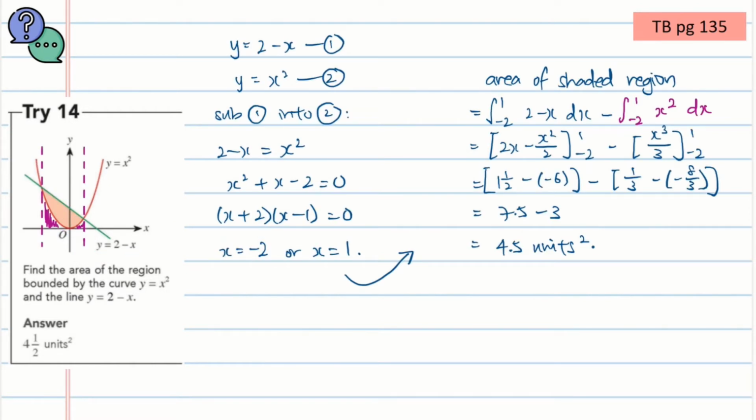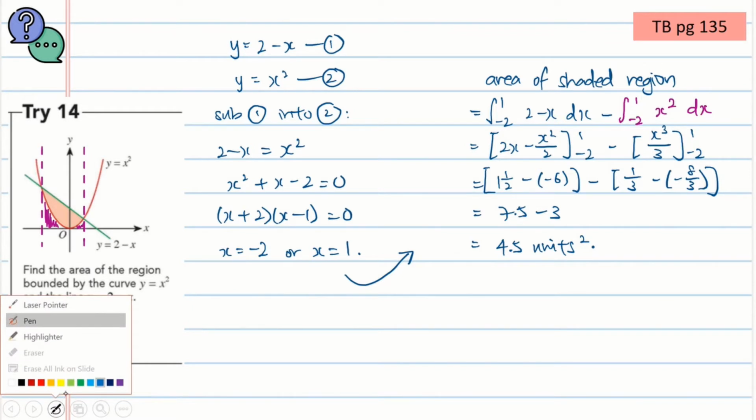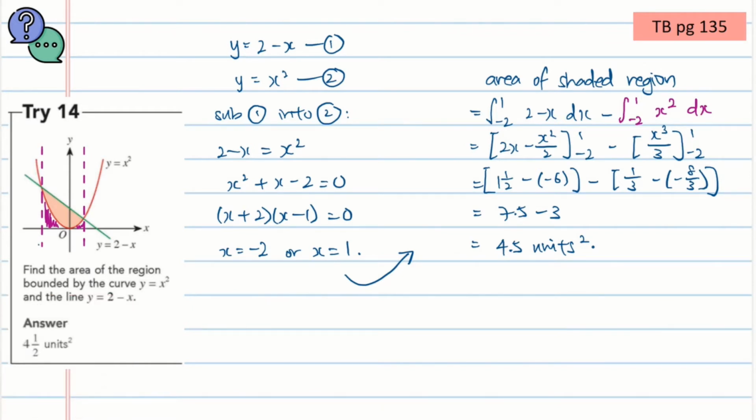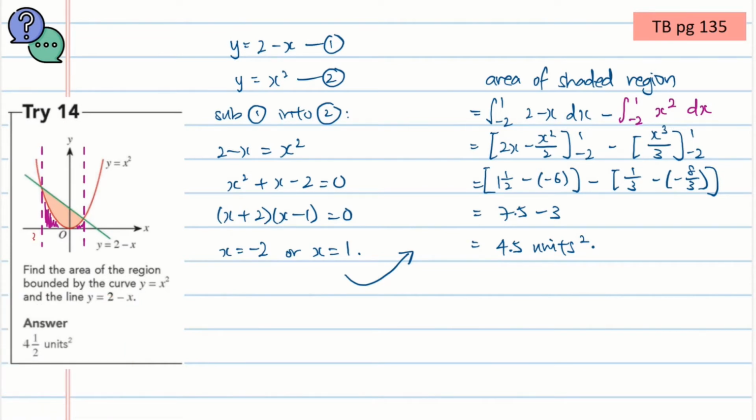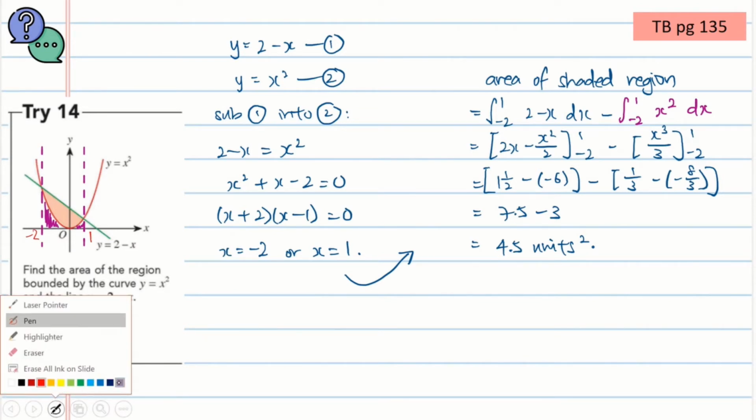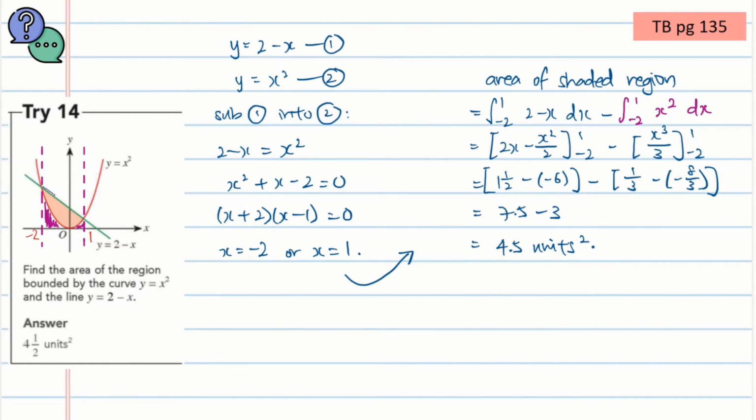So likewise, we do not have the boundary values for our definite integral. So we need to know what is the value here and here. So we do our simultaneous equation and we find that this value here will be -2 and this value here will be 1. So we can figure out the area of the bigger trapezium, which is this segment here.